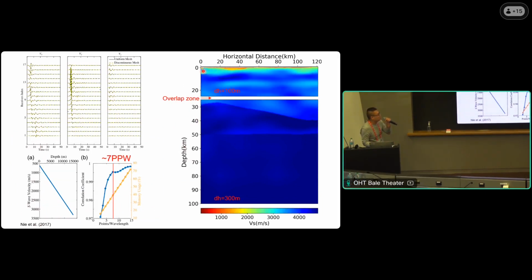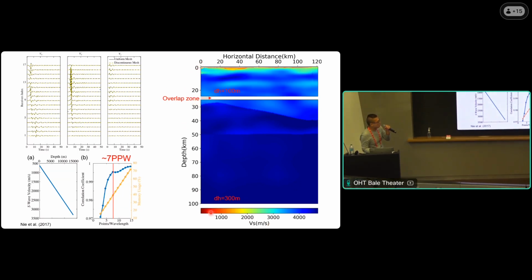This is actually the S-wave velocity transect. The model goes from the surface all the way down to 100-kilometer depth. If we have the discontinuous mesh feature, we can have an overlap zone at around 25-kilometer depth.